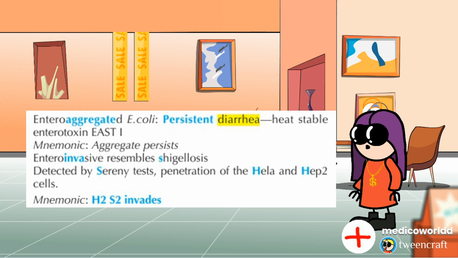Now, enteroinvasive diarrhea resembles shigellosis, and shigellosis is detected by the Sereny test, meaning penetration of the HeLa and Hep-2 cells. You can remember as invasive diarrhea means HEp-2 invades like shigellosis.